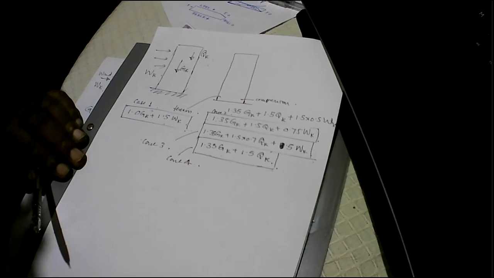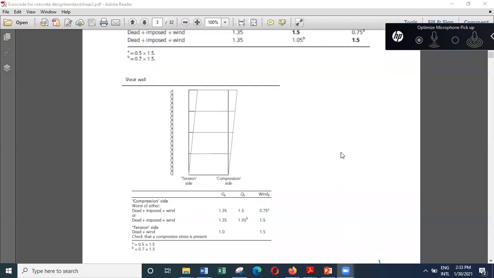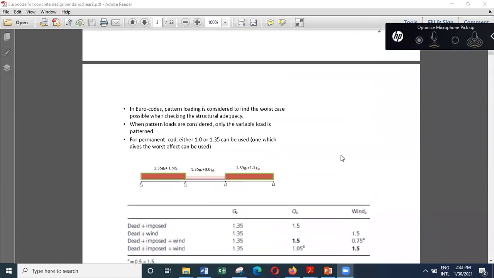Okay. Now, in addition to that, when you are designing beams, you have to actually create pattern loading. You have to consider pattern loading.